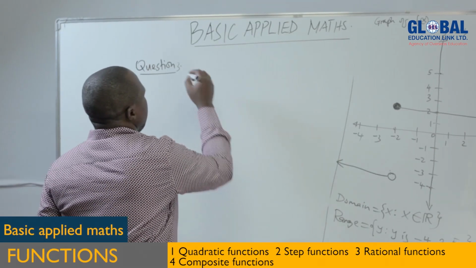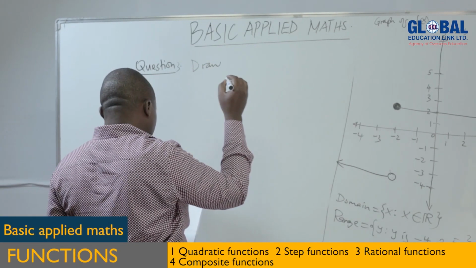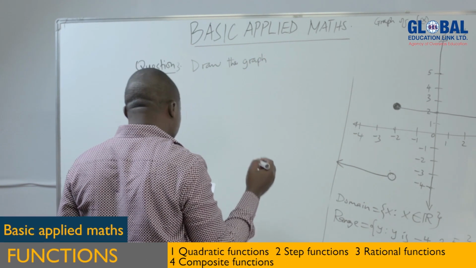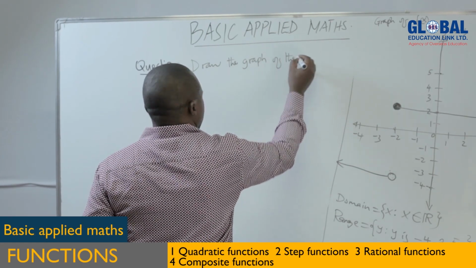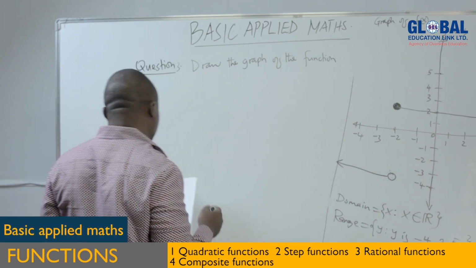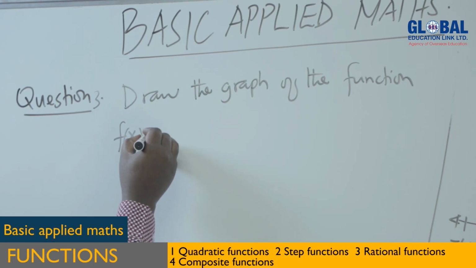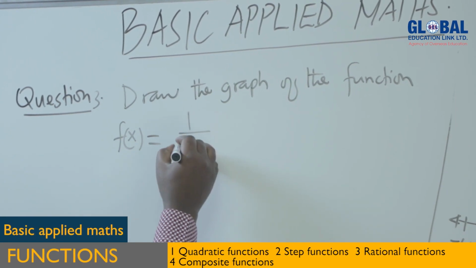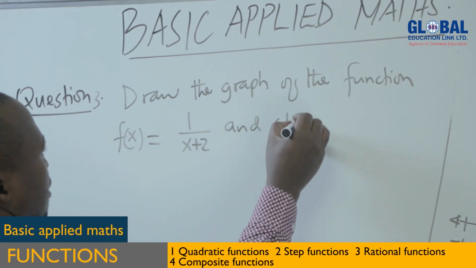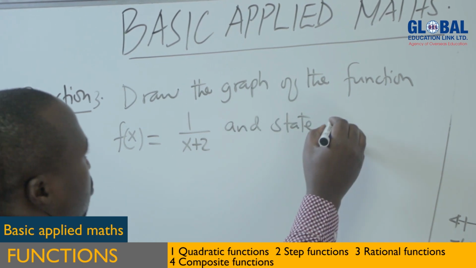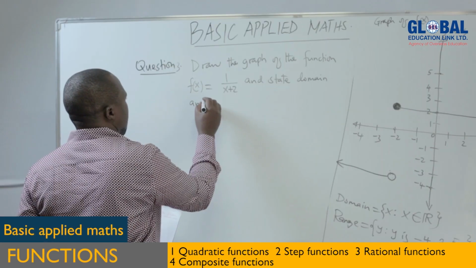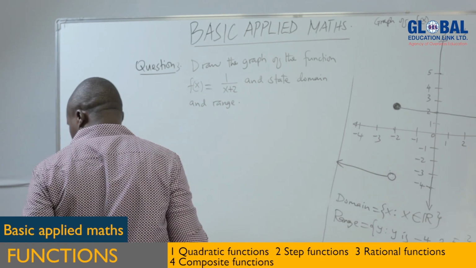The question says, draw the graph of the function f of x is equal to 1 over x plus 2, and again state domain and range.